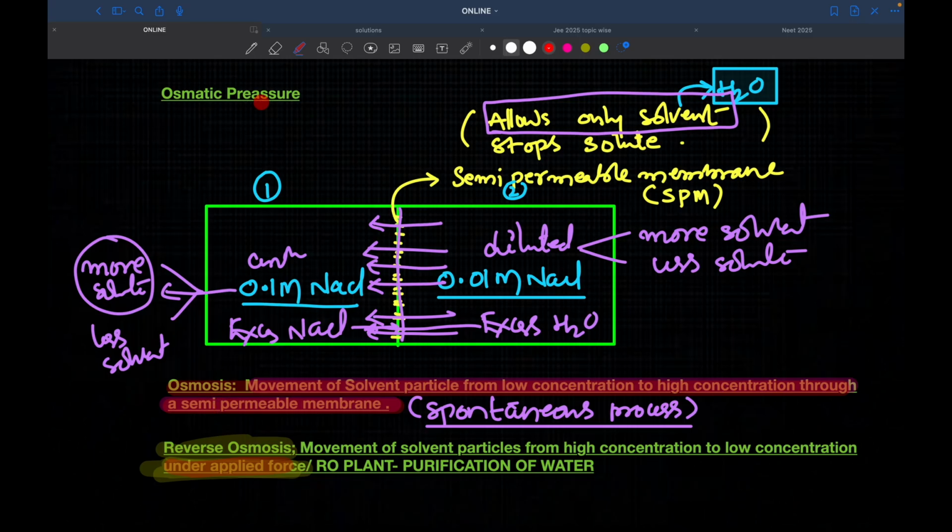We haven't seen osmotic pressure yet. The movement of solvent particles from low concentration to high concentration through a semi-permeable membrane spontaneously is called osmosis, and the reverse of this process under applied force is called reverse osmosis. Reverse osmosis is not the topic of today's class. We are only talking about osmosis.